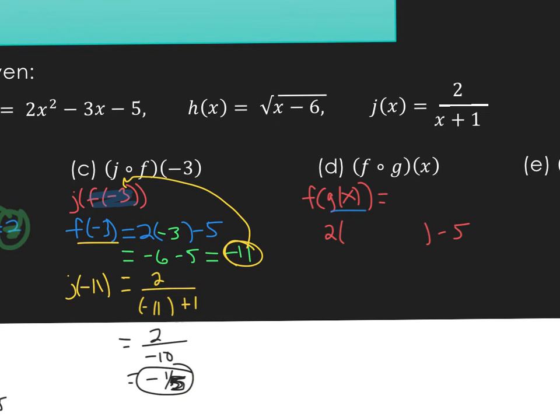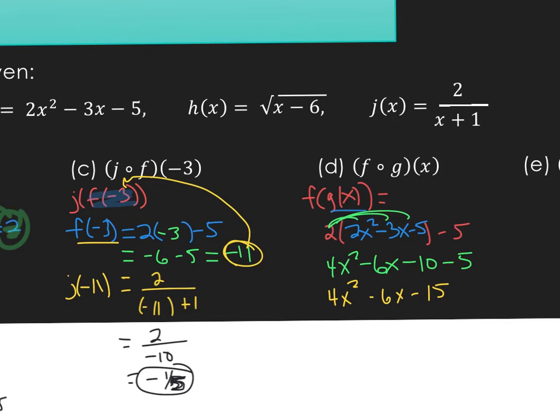If we look up at our functions, g is 2x squared minus 3x minus 5. Now we're going to simplify. We distribute the 2: 4x squared minus 6x minus 10 minus 5, and then all that's left for us to do is combine like terms. 4x squared minus 6x minus 15, and that's all you have to do.